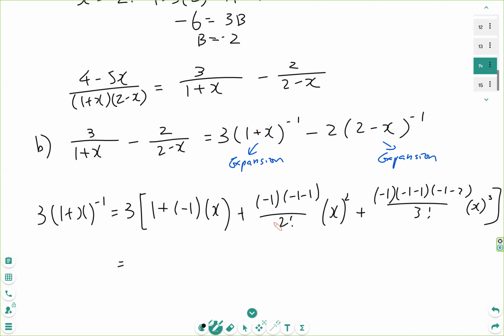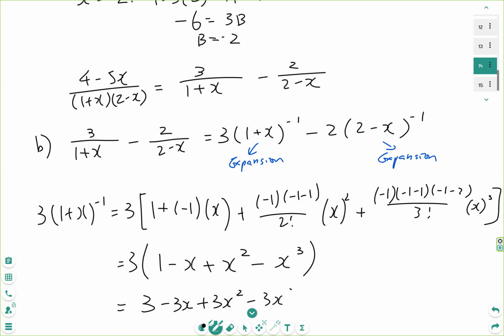Don't forget the 3 on the outside. So 3 times bracket: 1 minus x, then minus 1 times minus 2 over 2 factorial is just x squared. And for this one, if you put it in a calculator, you get 1 again, so minus 1 x cubed. Multiply the 3 back in: 3 minus 3x plus 3x squared minus 3x cubed.